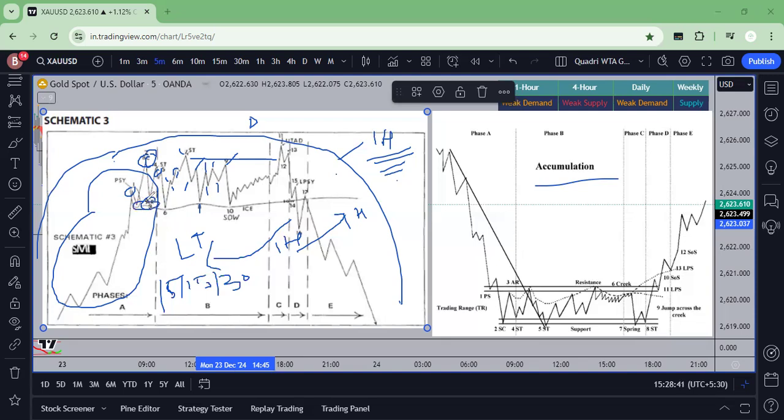In this particular schematic, the distribution has started from the snow, or the ice, which has been drawn from this particular price level.